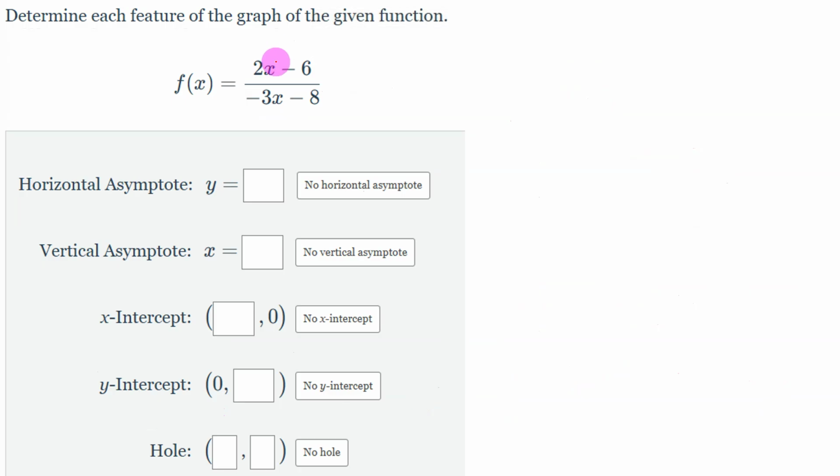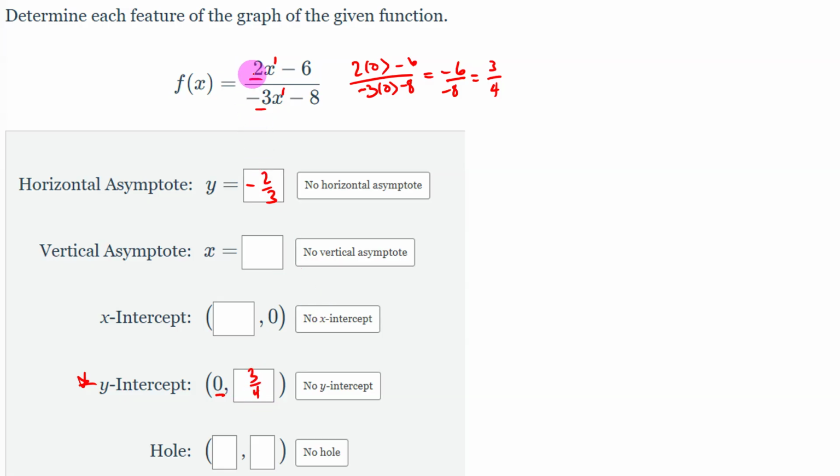Okay, we'll walk through these other couple real quick. Here, the power up here is the same, so y equals negative 2 over 3. For the y-intercept, let x be 0. So 2 times 0 minus 6 over negative 3 times 0 minus 8, negative 6 over negative 8, which is positive 3 over 4.